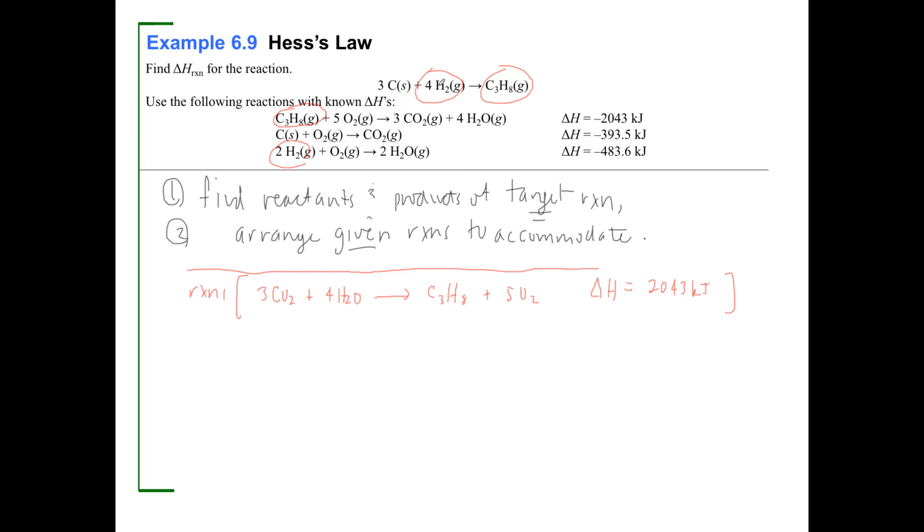But it's multiplied by 2. So I have to take this reaction and multiply it by 2. I'm going to have to multiply this one by -1. You see what I did? Reversed it. Multiply this one by 2. I'm making up my own reactions here. So this is going to be 4H2 plus 2O2 produces 4H2O.